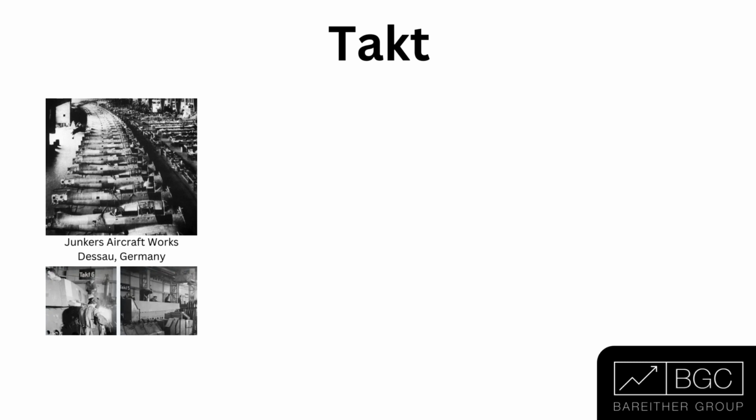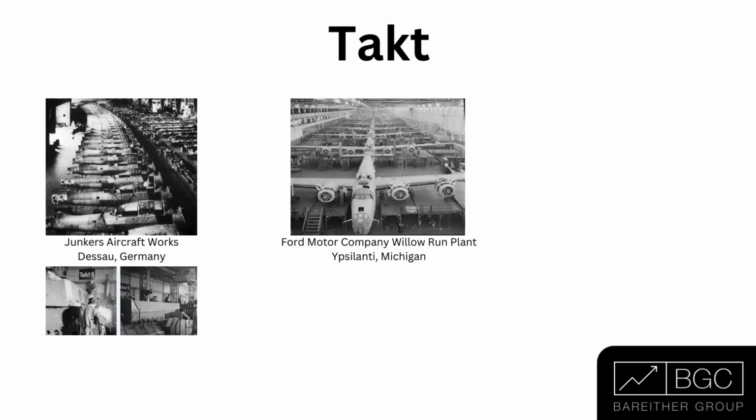Then as subassemblies were introduced into that same airplane factory, they were timing or pacing the subassembly lines that fed into the main assembly line and setting all at this set interval they called Takt. And at almost the same time and completely independent to Germany, the Ford Motor Company was supporting the US military as well.